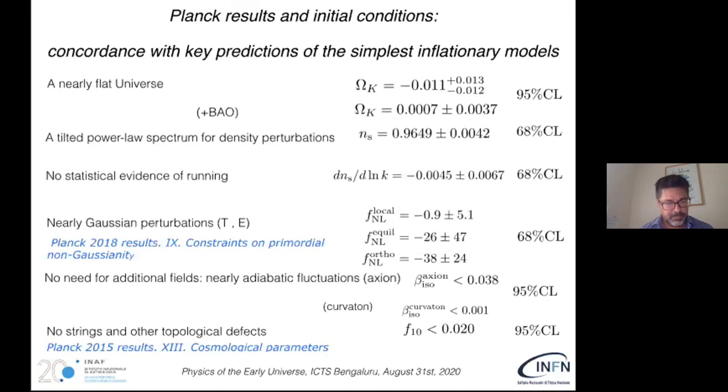In the previous Planck release in 2015, we also constrained the contribution from active sources, and in particular from cosmic strings. I'm quoting here a 2% 2 sigma upper bound for the contribution at multipole 10 of the cosmic strings with respect to the adiabatic mode for the Nambu-Goto case.